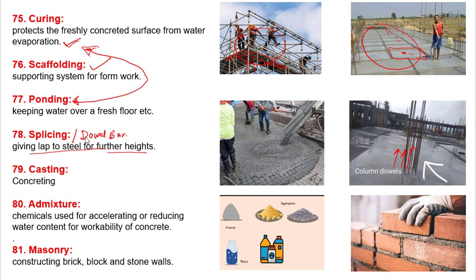So you can call it splicing or dowel bars too. Casting of concrete is actually the concreting process; you can call this concreting or you can also call it casting.